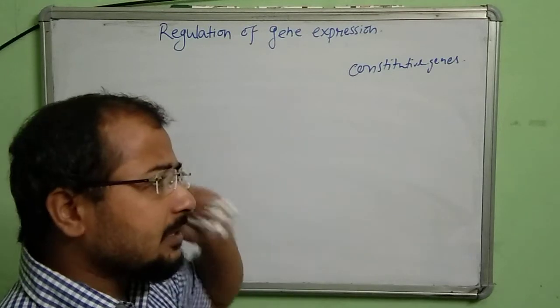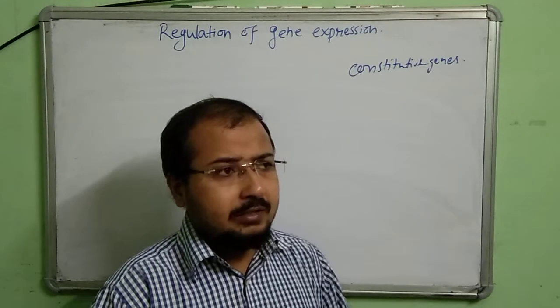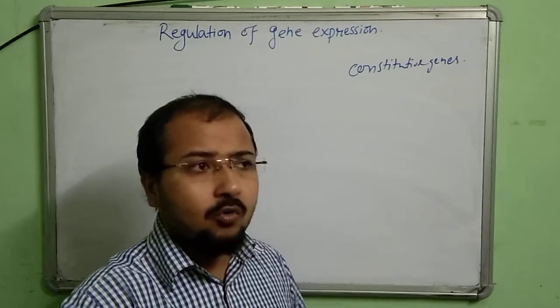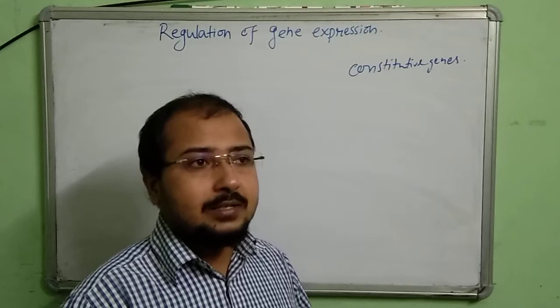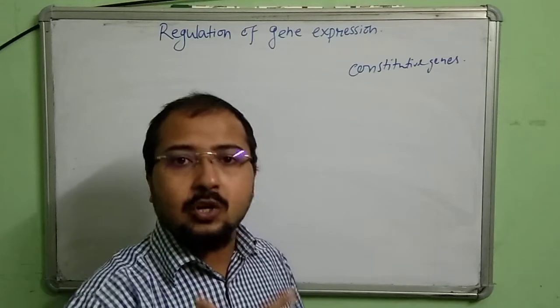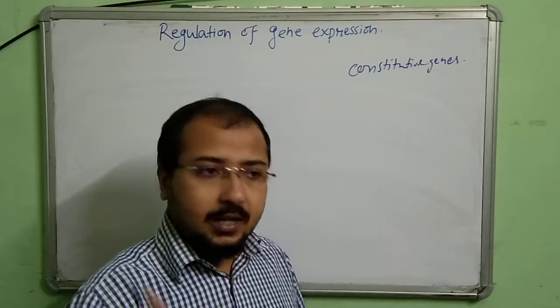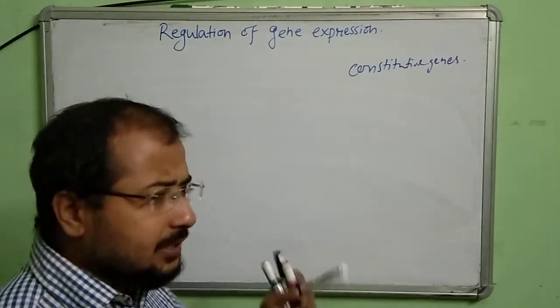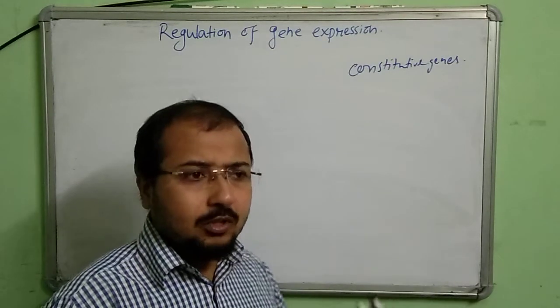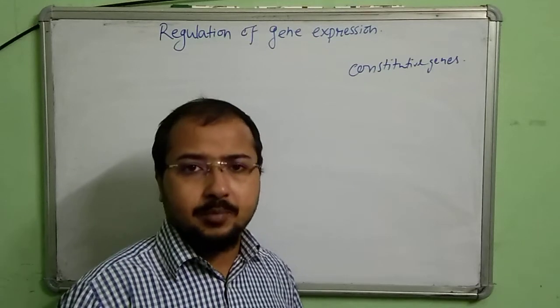But there are some other genes also present in the cells which work only when needed. Then only those cells undergo the process of the switched on mechanism, and they start with the functioning. So this is what is called the regulation of gene expression.